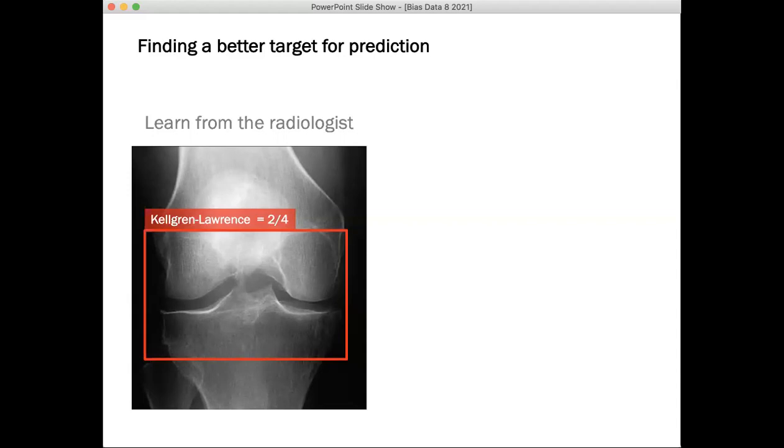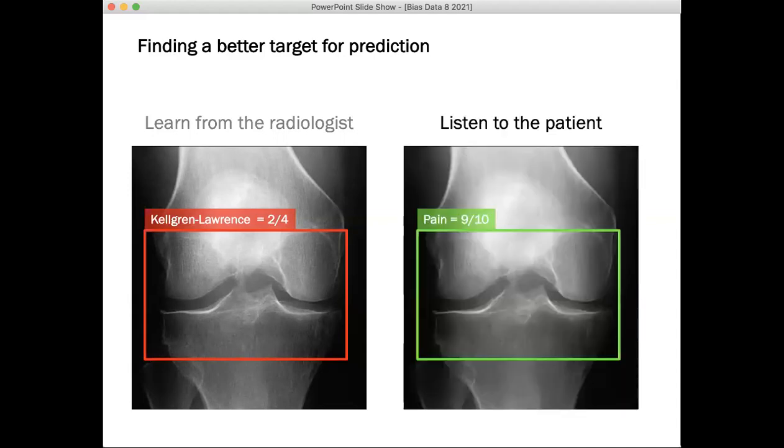What we did instead was actually train the algorithm to output not what the radiologist would have said, but what another human whose opinion really matters would have said about the knee, which is the patient. So instead of training the algorithm to learn from the radiologist, we trained an algorithm to listen to the patient, and on the basis of the way the x-ray appears, predict if that patient would report high or low levels of pain in their knee.